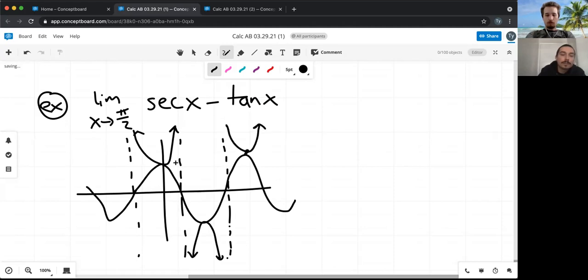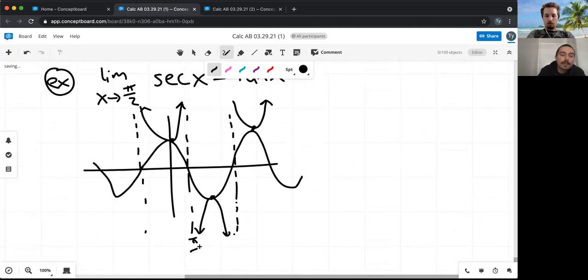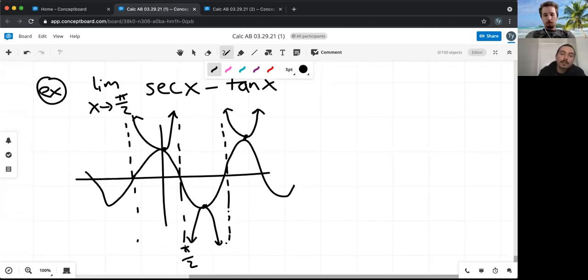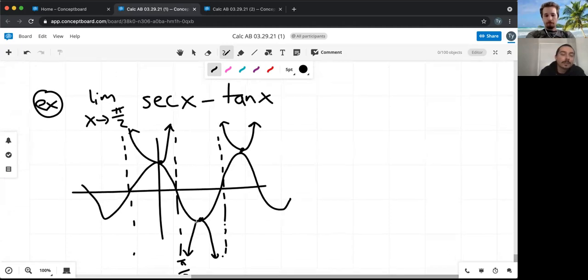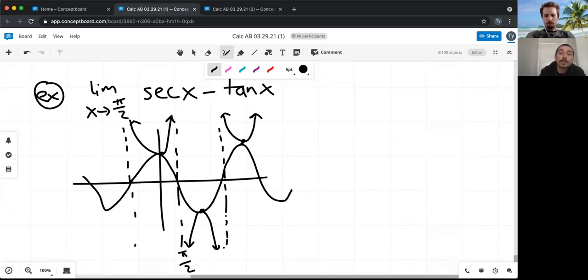And we have these points here. This value, where we have an asymptote, is at pi over 2. So not only is this not defined, it's not infinity. It's not negative infinity, right? It goes to infinity when we come from the left, and it goes to negative infinity when we come from the right.